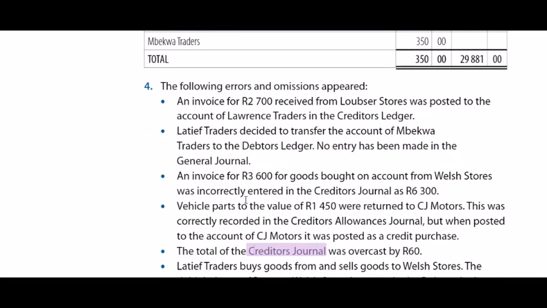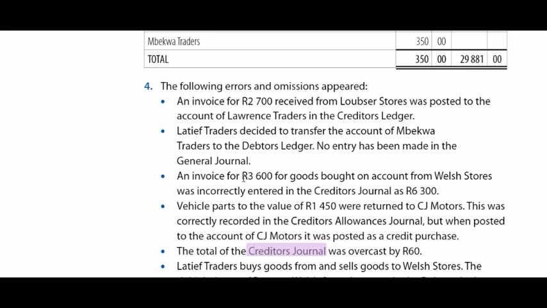The next adjustment entry, number 3, said an invoice for 3,600 Rand for goods bought on account from Welsh Stores was incorrectly entered in the CJ as 6,300 Rand. So now what happened here is the value was overstated in the creditors journal.